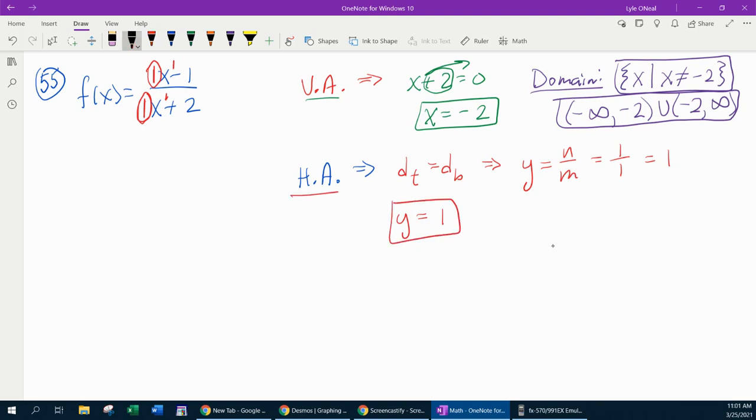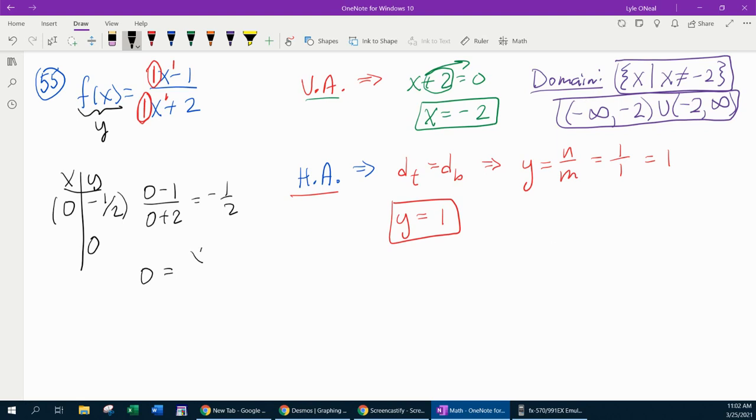Next, let's find the x and y intercepts. So with our chart here, finding the y-intercept, we're going to let x be 0. Plugging in a 0 for the x's is going to give us 0 minus 1 over 0 plus 2, which would simplify to negative 1/2. So there's our y-intercept. Then to find the x-intercept, or intercepts, we're going to let y be 0. f of x is y, so we're going to set this function equal to 0, and then we're going to solve for x.